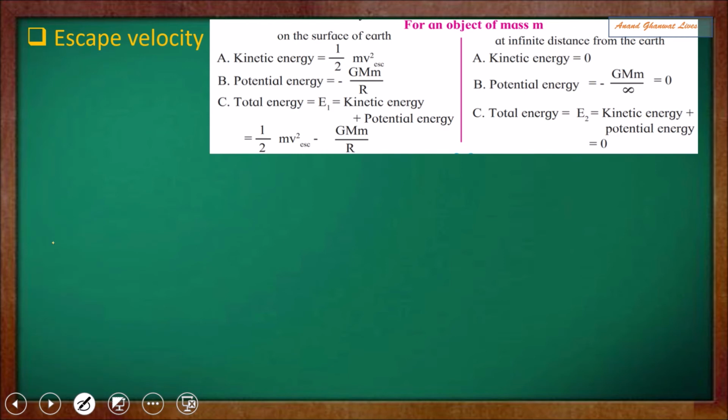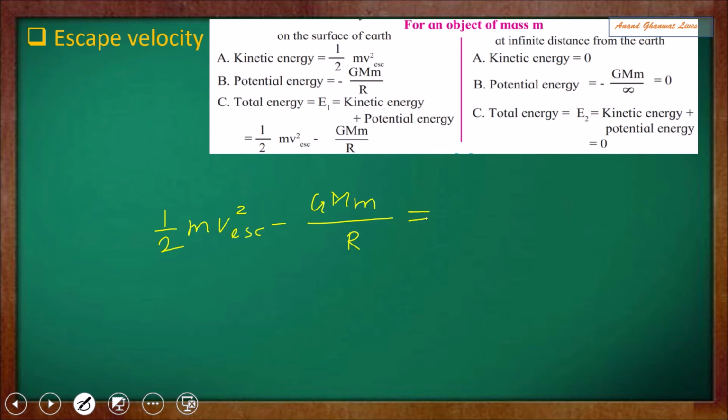Therefore the energy on the earth's surface, that is 1 upon 2 m into the square of escape velocity minus G into m upon r, is the total energy on the earth's surface.